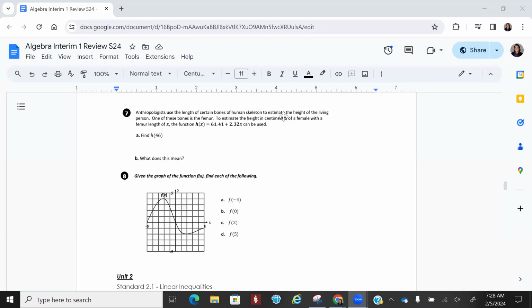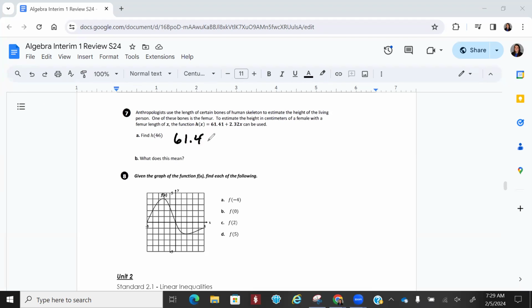All right, so number 7 is something that you might see on your interim, definitely with word problems. It says an anthropologist used the length of a certain bone of the human skeleton to estimate the height of the living person. One of these bones is the femur. To estimate the height in centimeters of a female with a femur length of X, here's the function. It says find H of 46. So what are we going to do here? We're going to plug it in.